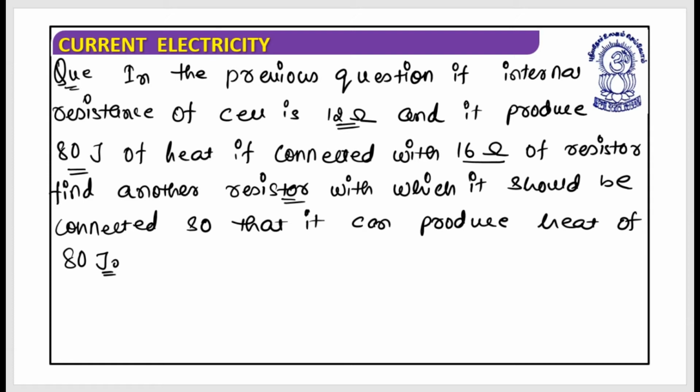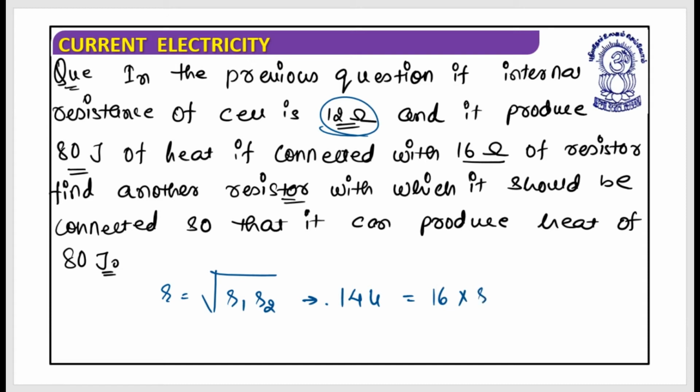That means this heat should remain the same. So R should be equal to root of R1 into R2, and this is 12 ohm. Let's just square this. It's 144, equal to 16 multiplied by R2. So R2 equals 9 ohm.